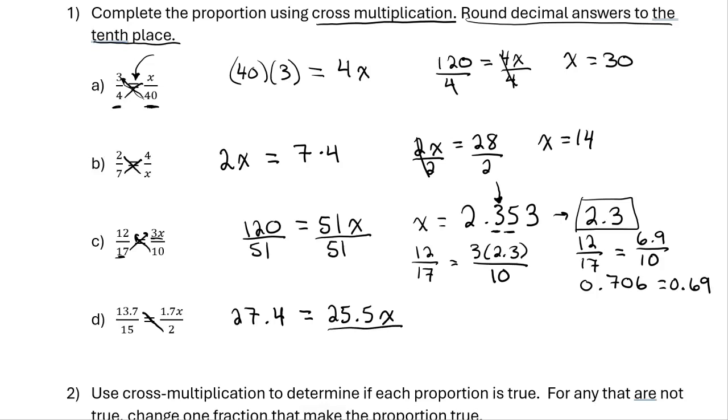Now we divide, we get 25 5/10, dividing both sides by that, and we get x equals, let's see, 27 4/10 divided by 25 5/10. That gives me another ugly decimal. I need to round to the 10th, so I need to write out to the 100th so I know what's going to happen. Well, it's a 7, so that means that it needs to round out to 1 1/10, and that is your final answer.